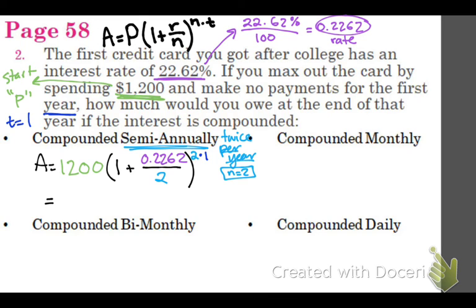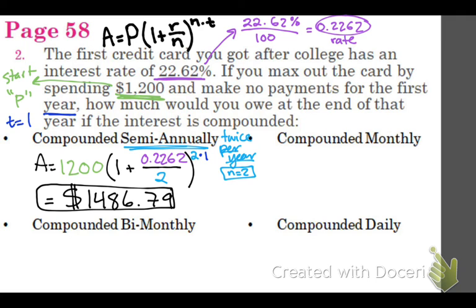So this is the part where we stop writing and we put the whole thing into our calculator. And what do we get? 1,486 and 79 cents. Well, 89 cents? 80 cents. I'm going to leave it as 79. I think you were right on it.